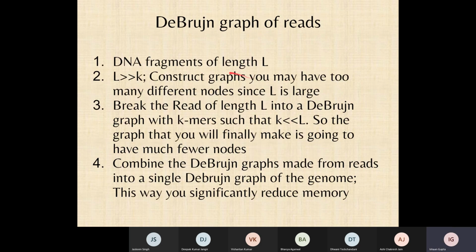So what you will have to do is construct the De Bruijn graph for the read first, the DNA fragment which comes out of the sequencer. Then you use this De Bruijn graph to make the De Bruijn graph for the entire genome where the reads come from, and then you can calculate the coverage.